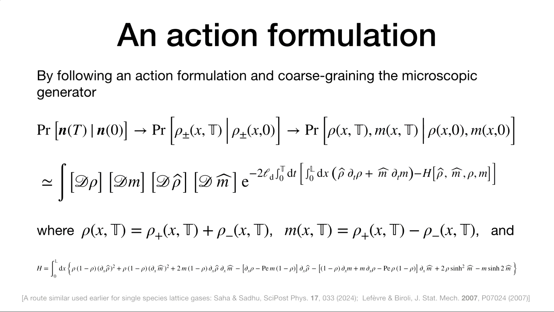Okay, so how do you derive this hydrodynamics? It's not possible for me to go through the whole derivation, but let me give you a sketch. Initially you describe it in terms of these occupation variables n, and you write down the propagator: starting with some n0, these vectors of initial occupation, how do you go to the final nt at some time t, again the vector for the whole system?